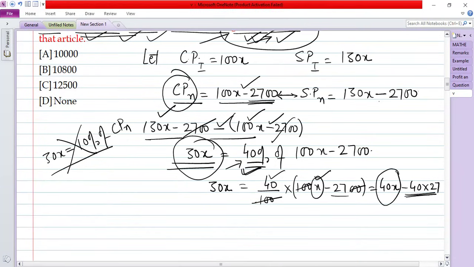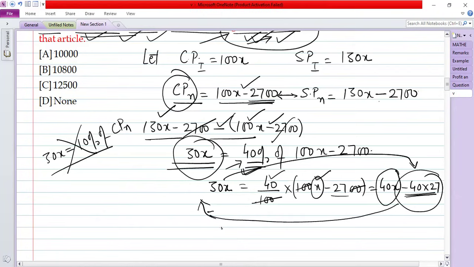This term, 30x, will go to this side. So it is 40 into 27, which is nothing but 10x. So what is x? This will cancel out, it will be 4 into 27.